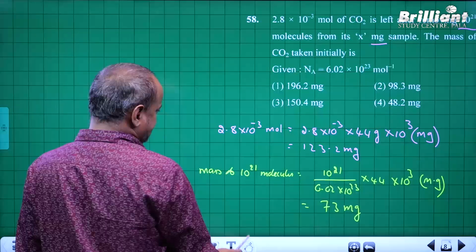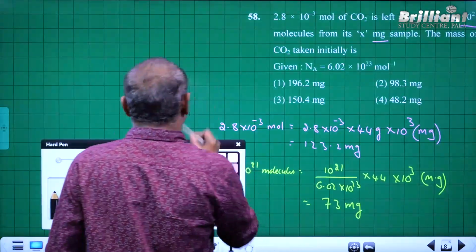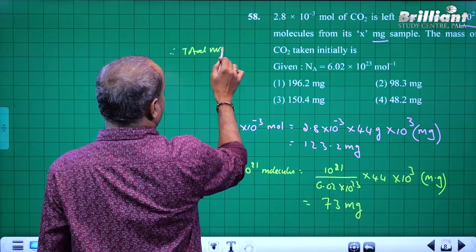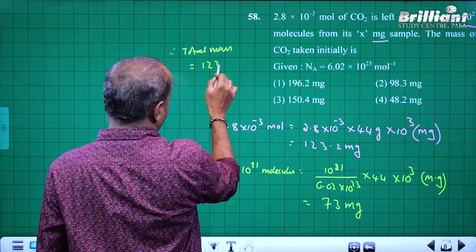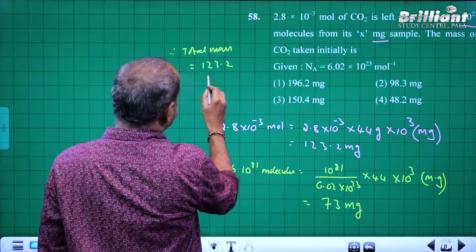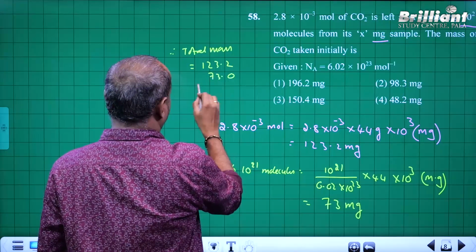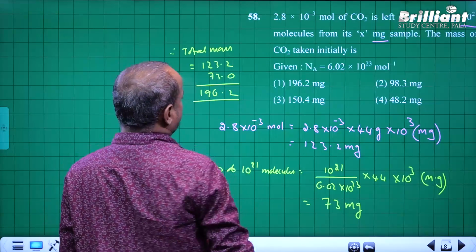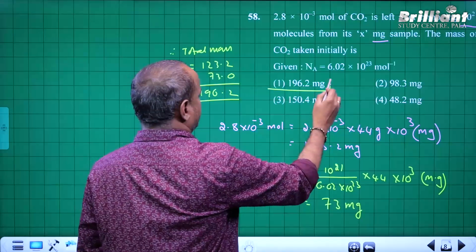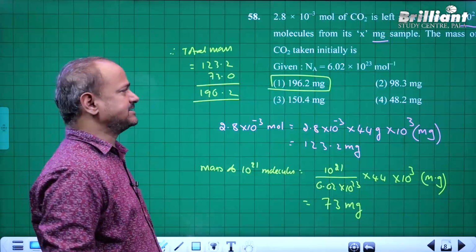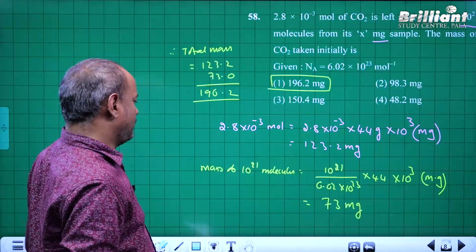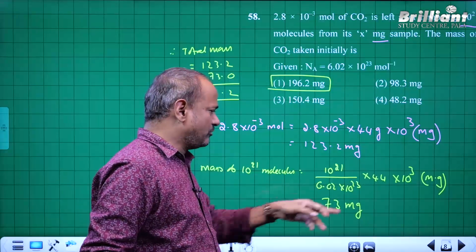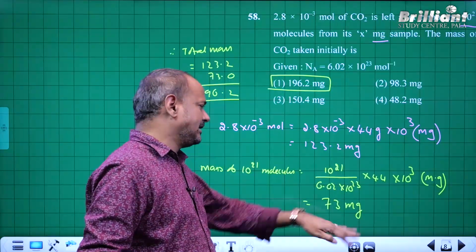So 73 plus 123.2, therefore the total mass is 196.2 milligrams. Option 1 is the initial amount present. So the number of molecules is given, converted to moles by dividing by 6.02 into 10 raised to 23, then moles into molar mass 44 grams, and milligrams into 1000.